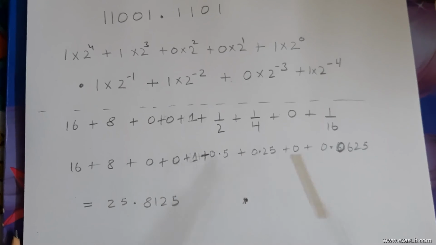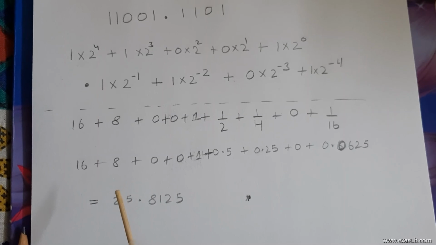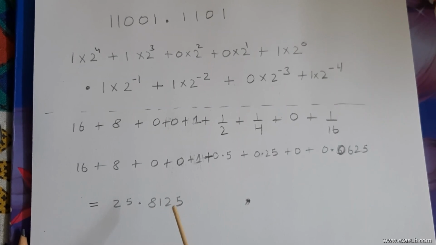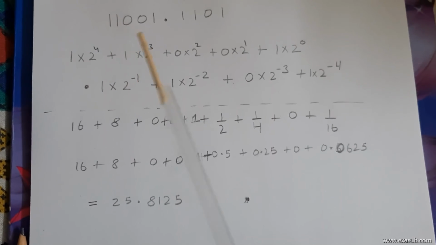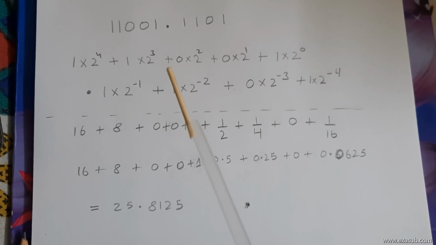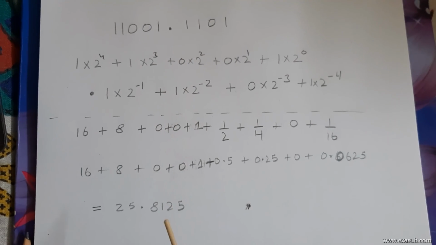If you simplify this and solve, you get 25.8125 as the decimal number from this binary number, which is a fraction. So fractional values can be represented in both binary and decimal.